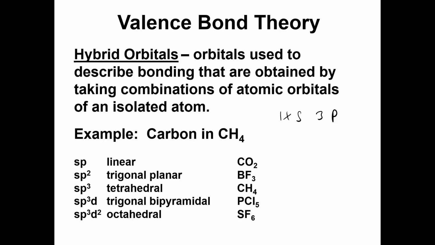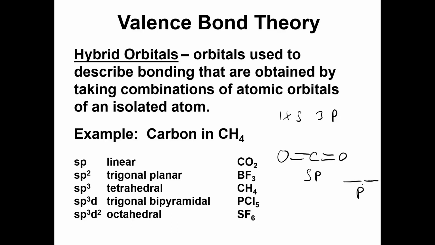Okay? So when you make a linear shape like CO2, you have an sp hybridization, because in order to make something linear, you just have to blend 2 orbitals, right? An s orbital and a p orbital to make an sp hybrid orbital. So now that also means that you have 2 p orbitals that are unhybridized, okay?